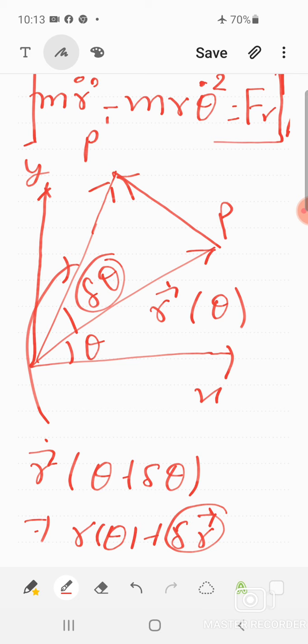Then the position vector OP vector plus PP dash vector must be equal to the OP dash vector according to the triangle law of vector addition.